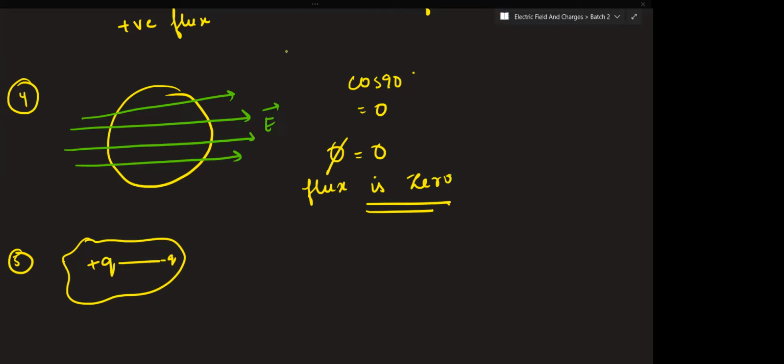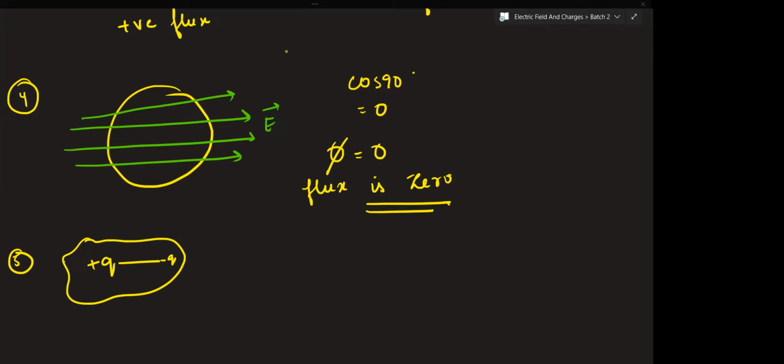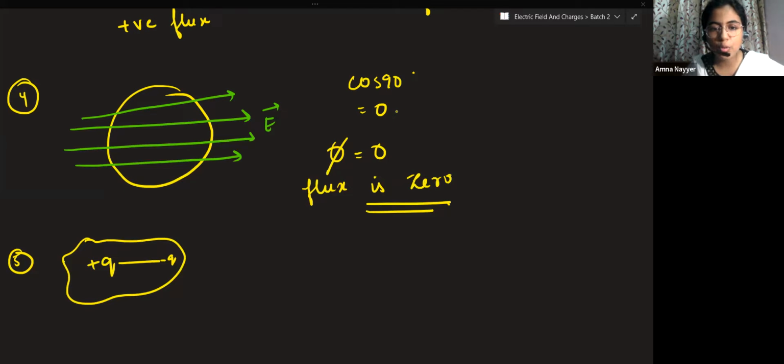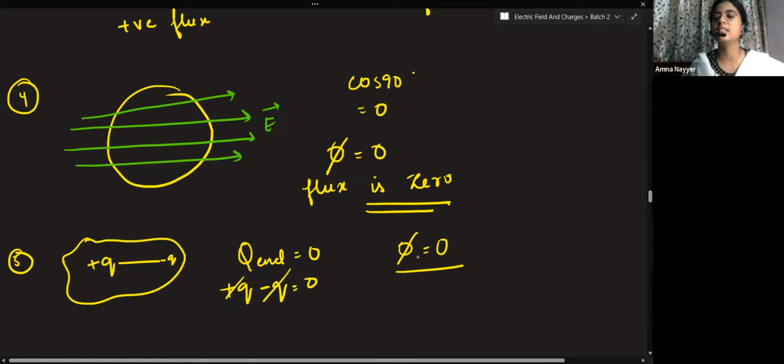Neutral. So net charge, total charge will be 0. Correct. So what happens? Your Q enclosed will be 0. So therefore your flux becomes 0. Why is Q enclosed 0? Because plus Q minus Q gives you 0. So your flux will be 0.